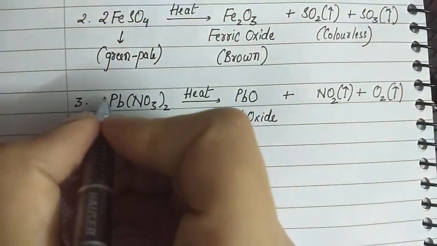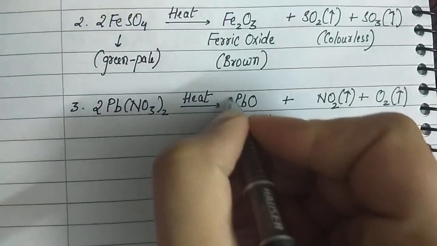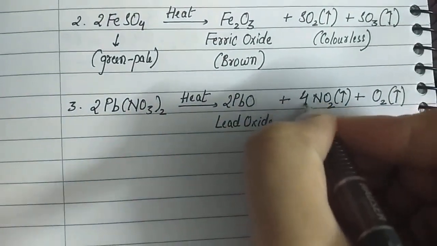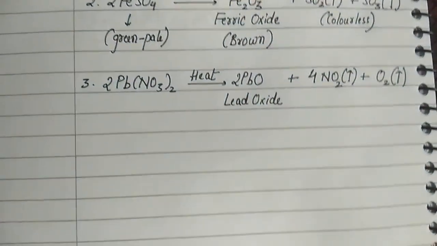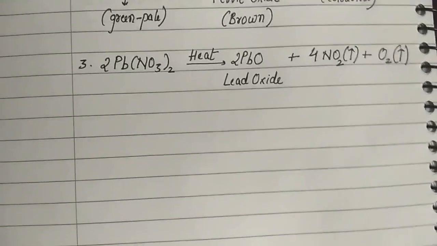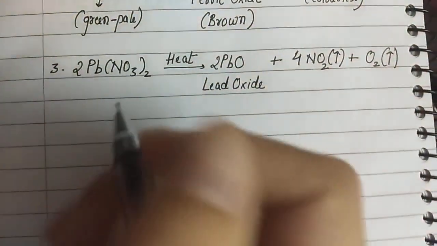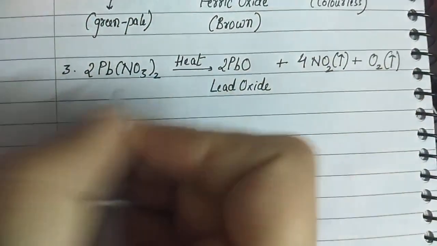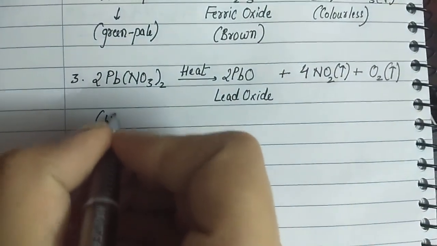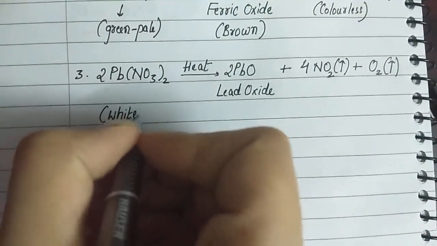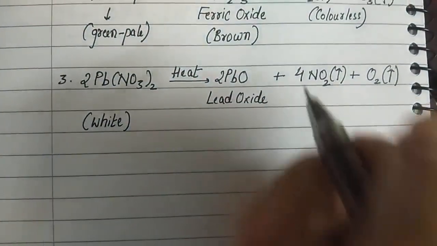Let me balance this equation. Okay, now what will be our observations in this particular thermal decomposition reaction? That lead nitrate is a white colored solid.